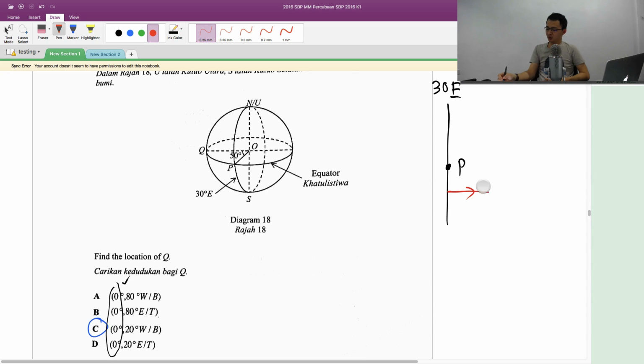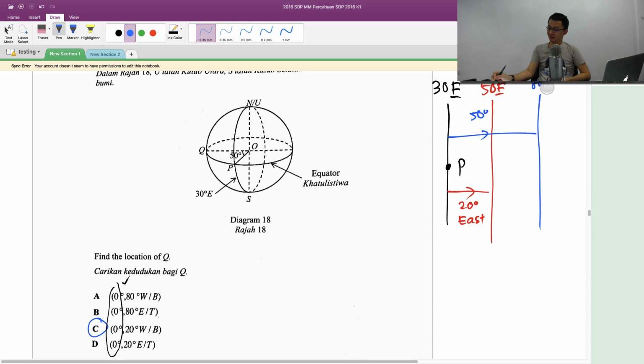If I move 20 degrees to the east, imagine 30 east, you plus 20, become 50 east. Correct or not? So if I move 50 degrees to the east, this one is just plus again, you got 80 E. Because here is east, you move to the east.